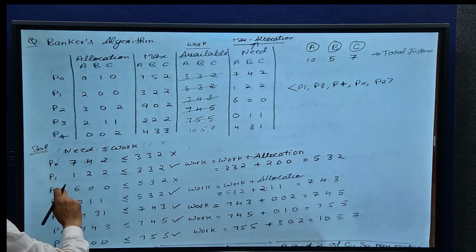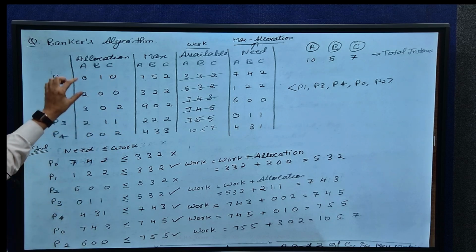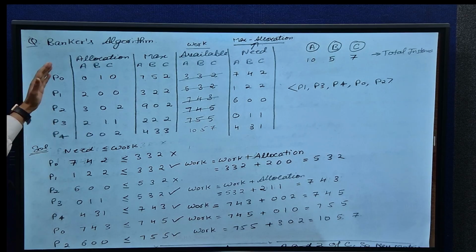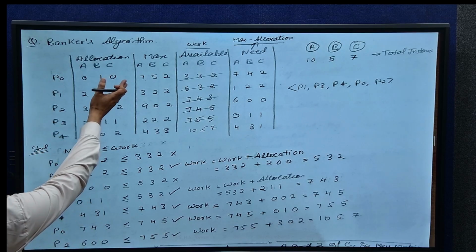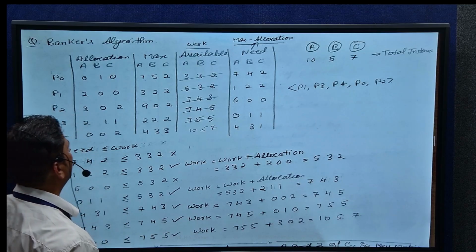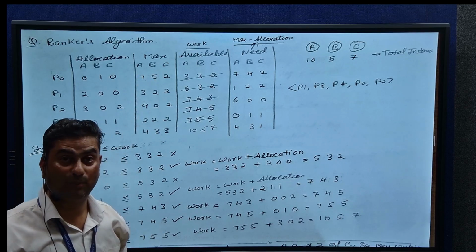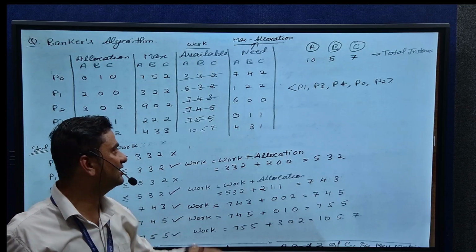For execution, these resources are given to this particular process. These resources are already allocated to P0, P1, P2, P3, P4. Now what is max? We discussed it previously: the maximum demand of the process before execution.